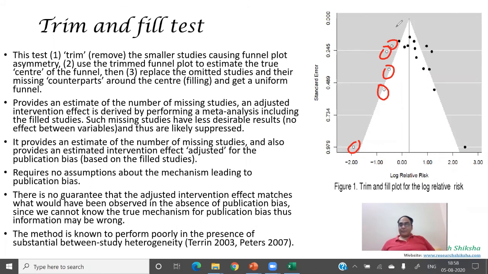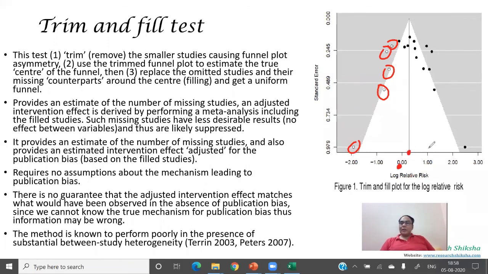So these white dots are required to retain your effect size. The fewer these white dots, the better it is, because otherwise we have to remove the black studies, the small studies. Either you remove these studies, or you need these white dots to keep your effect size the same. So whenever you calculate the trim and fill test, two effect sizes come.